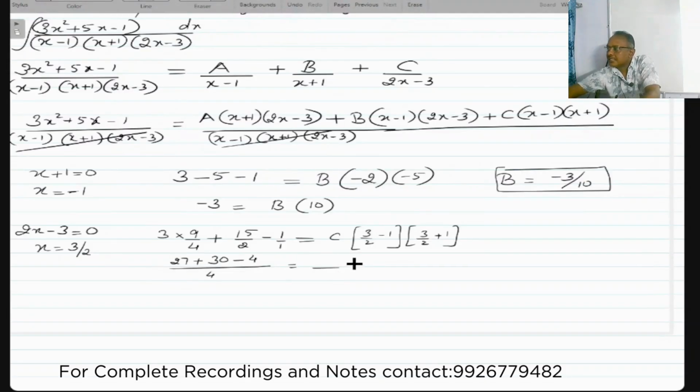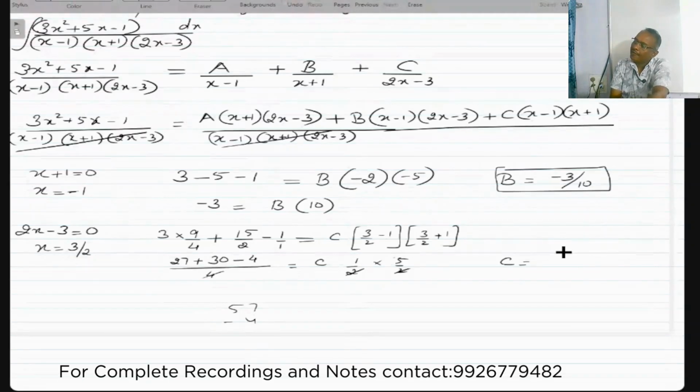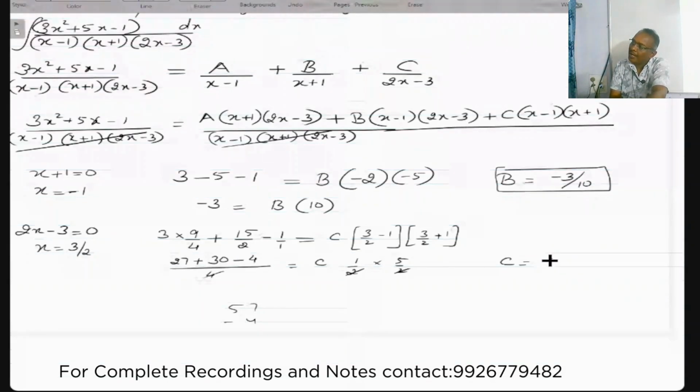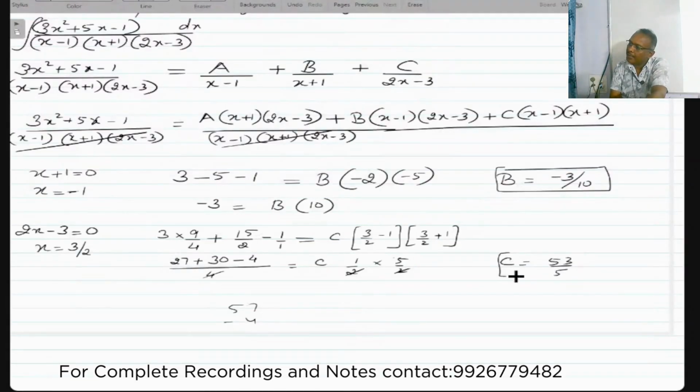LCM here is 2. 3 by 2 minus 1 is 1 by 2 and 3 by 2 plus 1 is 5 by 2. These two 4s will cancel off. I get the value of c: 27 and 30 is 57, minus 4 is 53 by 5. What a lovely number, look. Feel like crying.